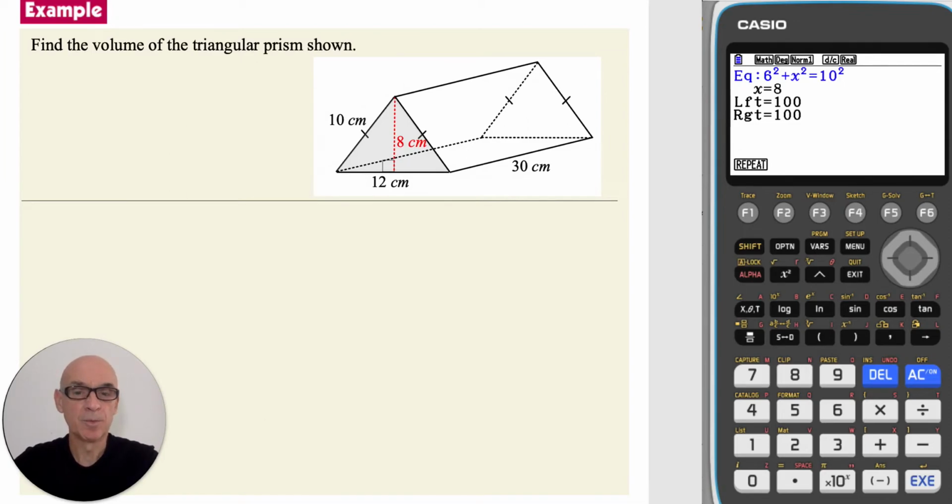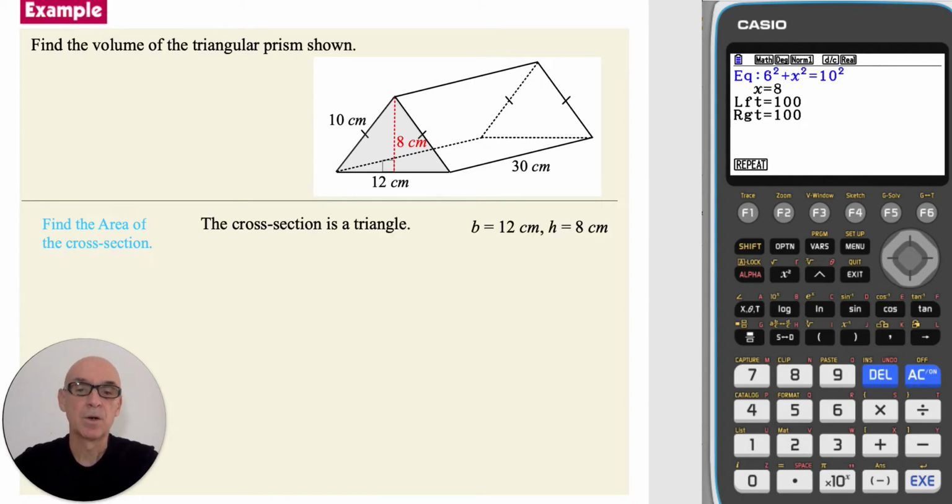To find the volume of the prism, we next need to find the area of the cross-section, which is a triangle. Writing down the formula for the area of the triangle, and substituting in 12 for the base and 8 for the height, gives a value of 48 centimeters squared.